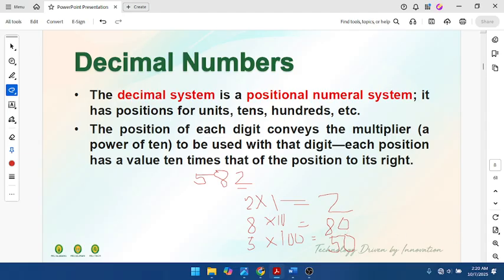So the number 582 is a compact way of writing 500 plus 80 plus 2. The fundamental principle is multiplying each digit by the base raised to the power of its position. This is the key to understanding other number systems.